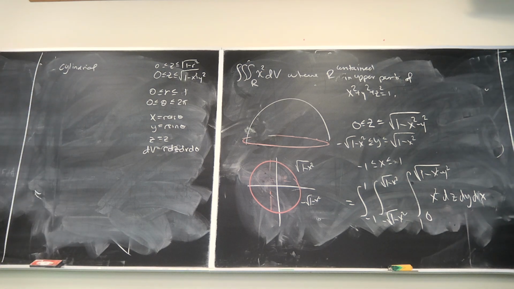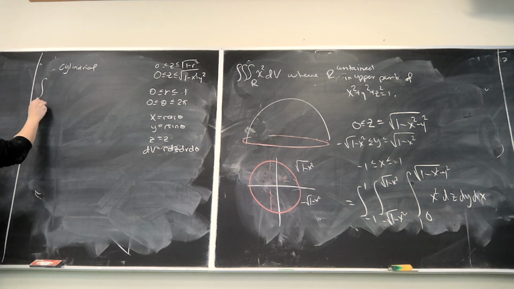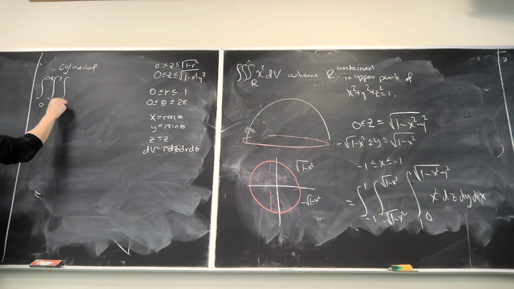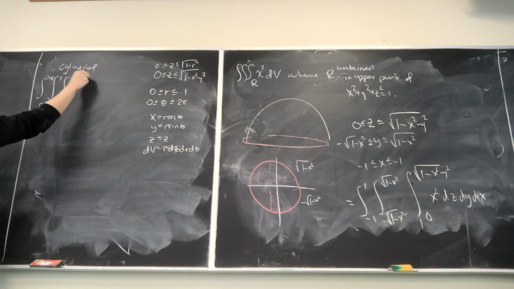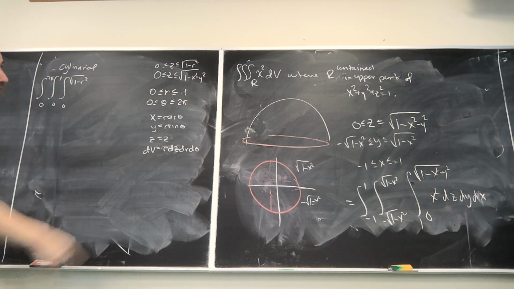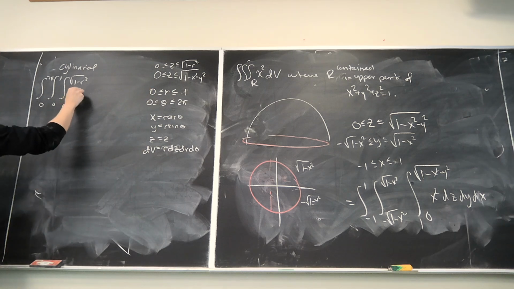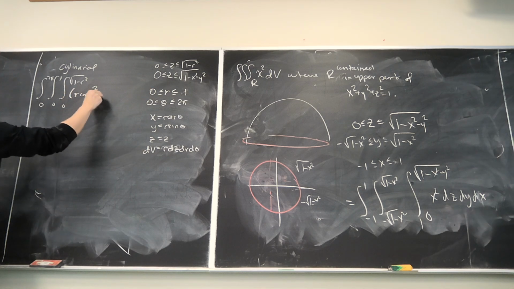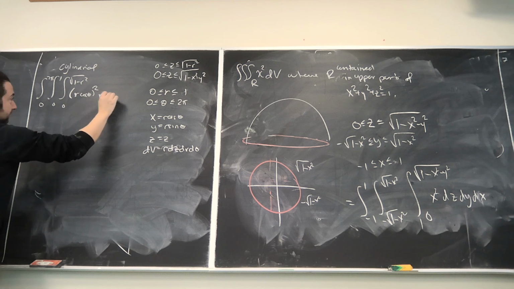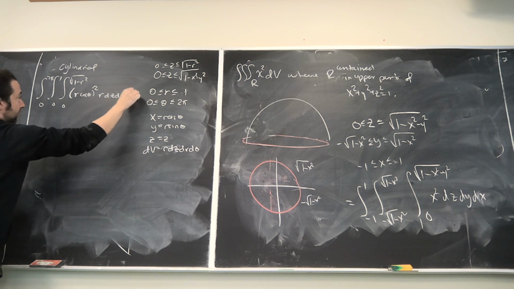So another way I could write the same integral down would be the integral from 0 to 2 pi of the integral from 0 to 1 of the integral from 0 to the square root of 1 minus r squared. And this is kind of annoying that we've got an x squared there because now I have to write r cosine theta squared r dz dr d theta.